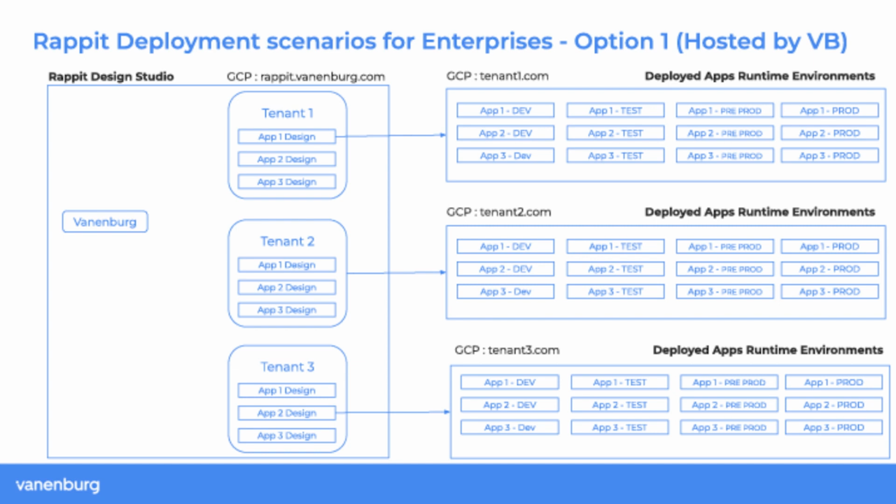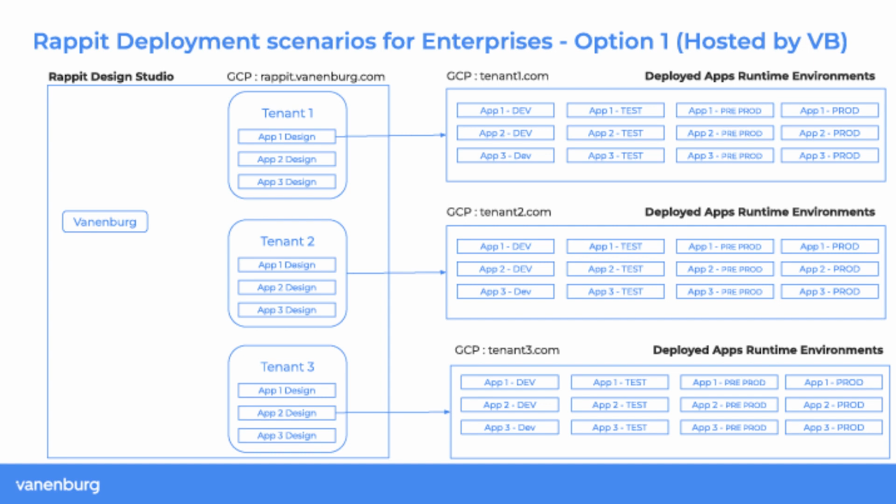Once they create their applications, designing in Rappit and generating the code, they push it and deploy those applications in their own environments, for example in their own GCP environment, not in Vandenberg's GCP environment. So the application development happens inside Vandenberg's Rappit environment, but the deployed application is in the customer's own GCP environment. So this is the first scenario.